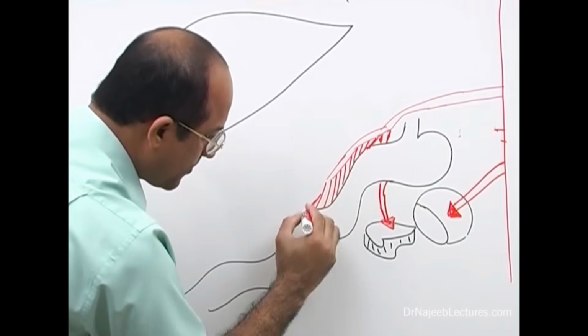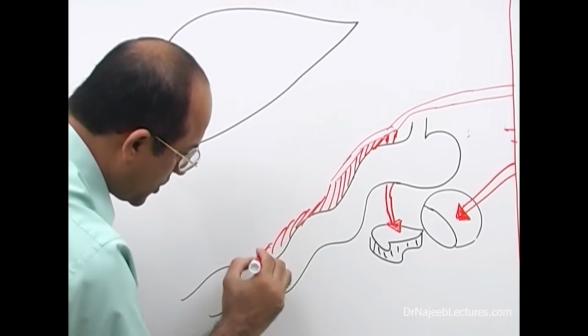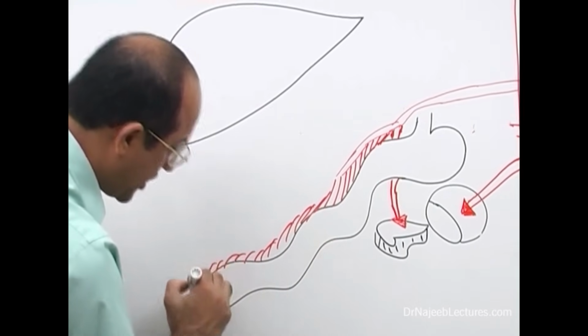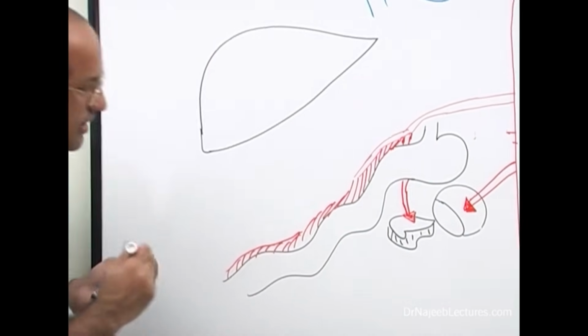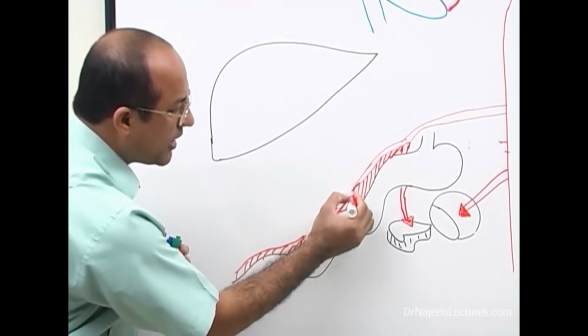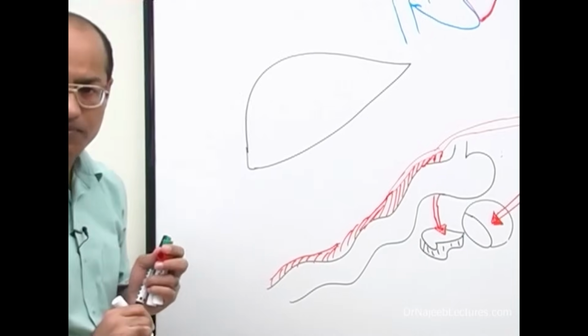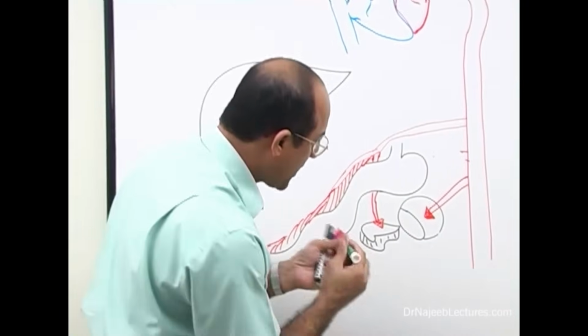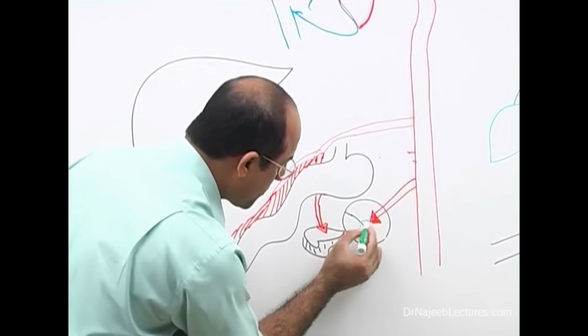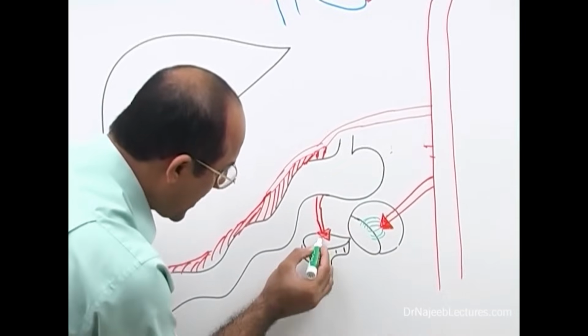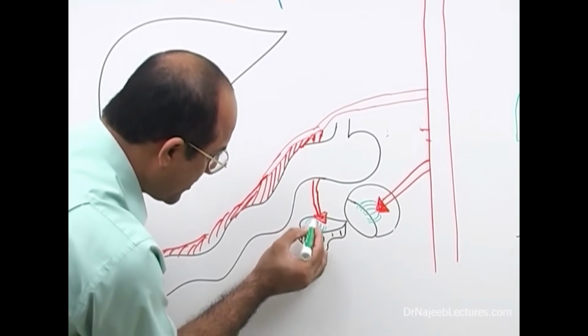Now, the point which you have to understand is that blood which is coming to the GIT, of course, this arterial blood is well oxygenated, right? These arterial vessels are eventually breaking down into capillaries. So there is a splenic capillary system here, a splenic capillary system here. Of course, the pancreas also has capillaries, isn't it?